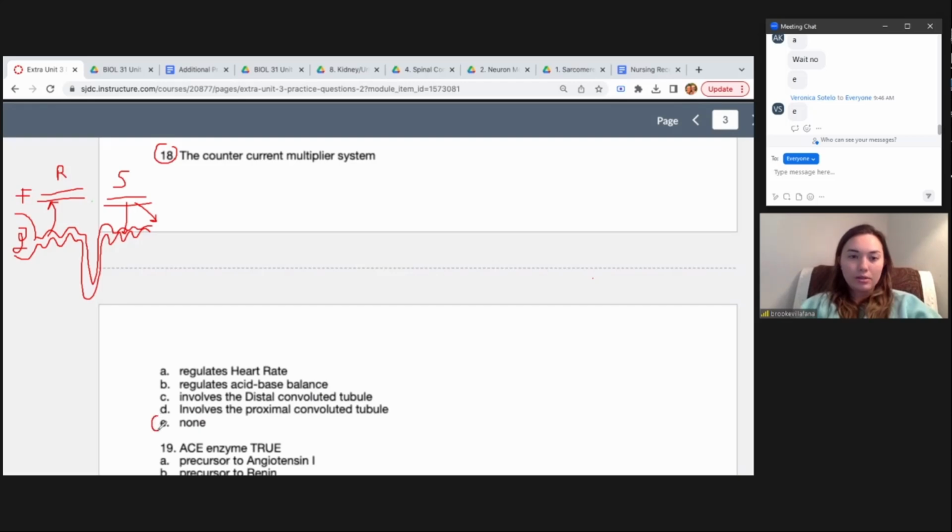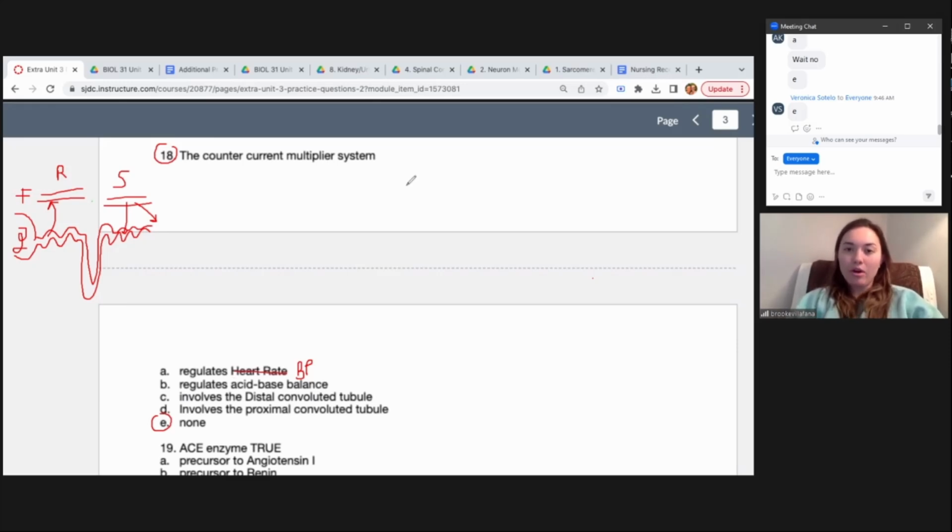Good. So our answer would be E or none, because all of those are false. Sorry, I said the opposite of what I meant to say. So it regulates blood pressure, not heart rate. I saw Elena, you said heart rate. I know you were thinking blood pressure. It doesn't regulate acid-base balance.